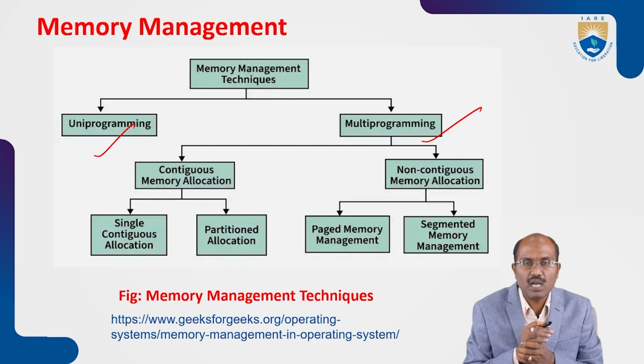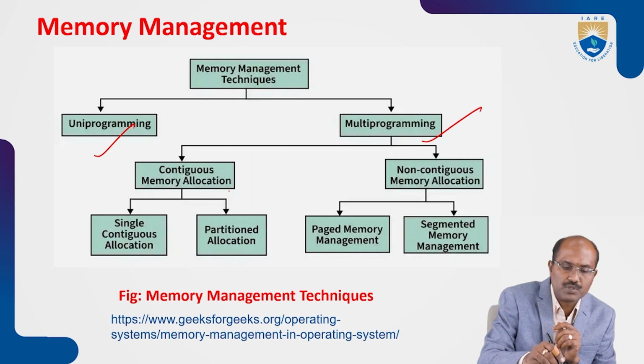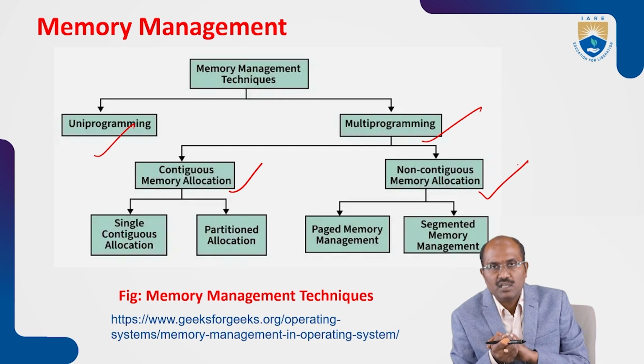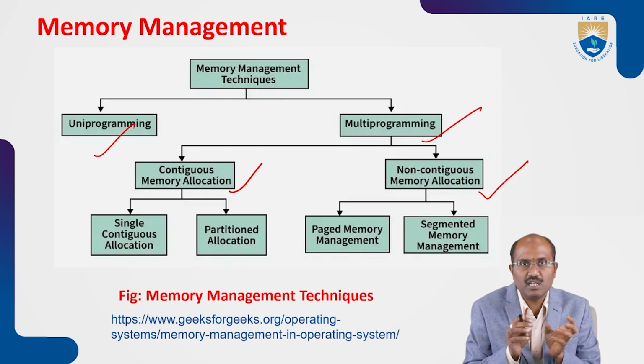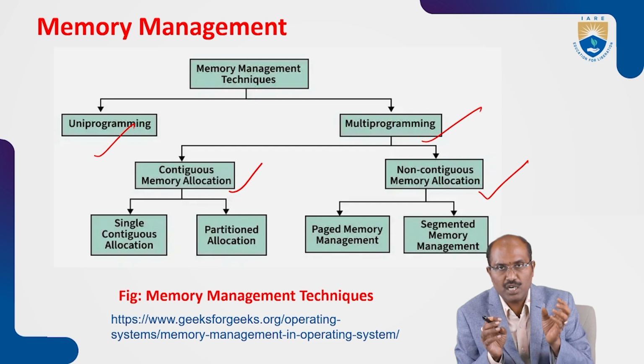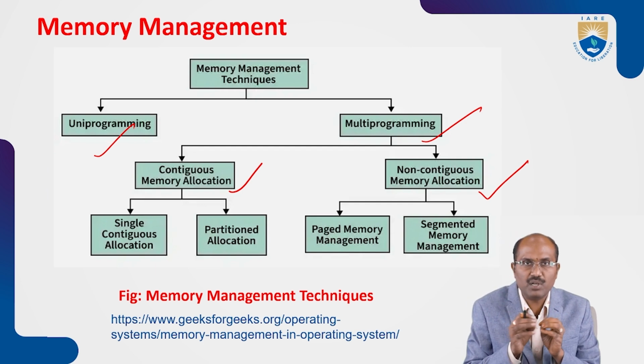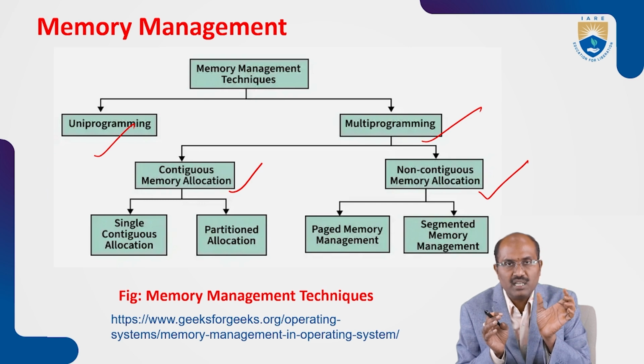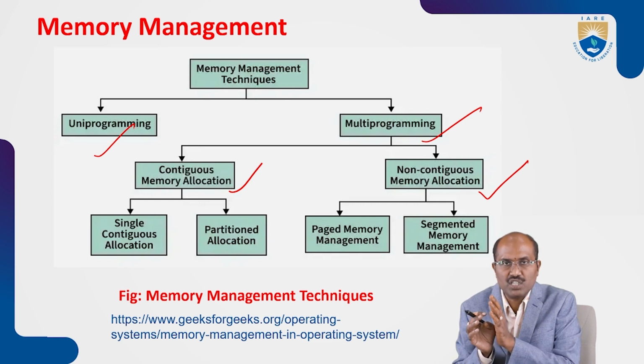Multiprogramming is divided into two types: contiguous allocation and non-contiguous allocation. Contiguous allocation means memory is allocated continuously to the different programs, with a fixed length of allocation.